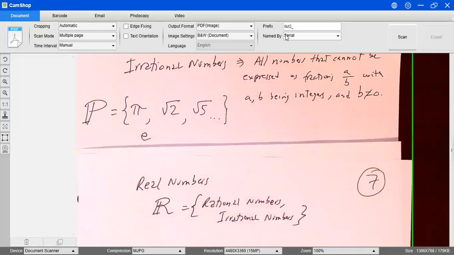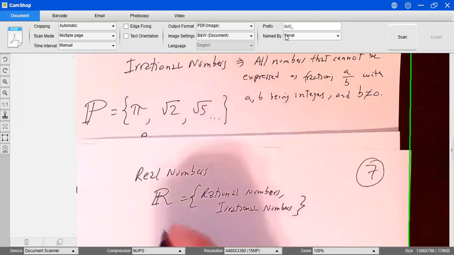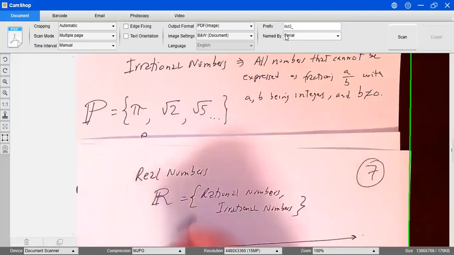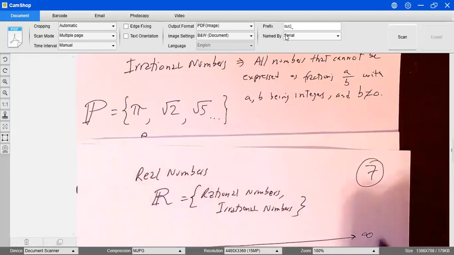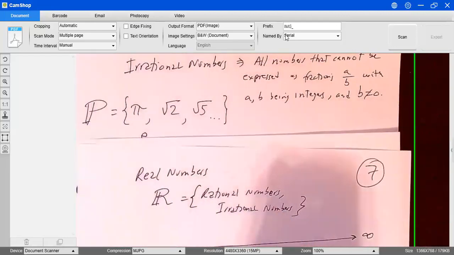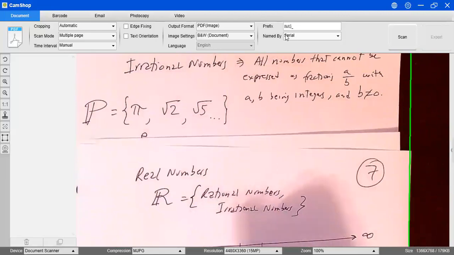So that's the set of the real numbers. And you can represent now any number that is on the number line by using a real number, either by using rational numbers or by using irrational numbers.